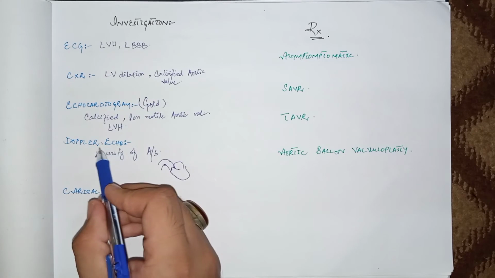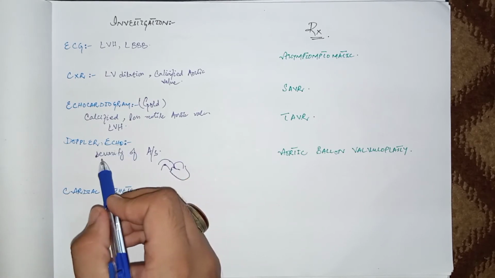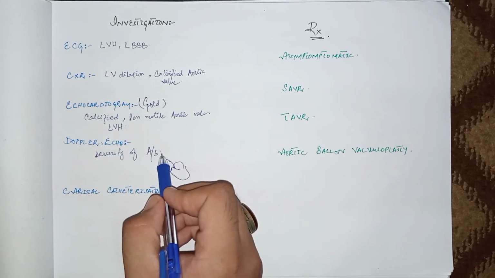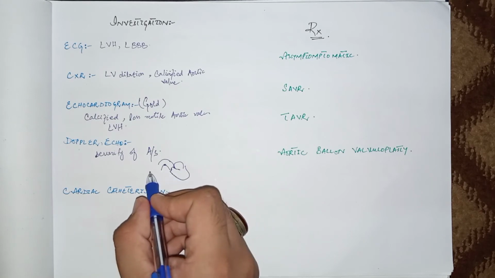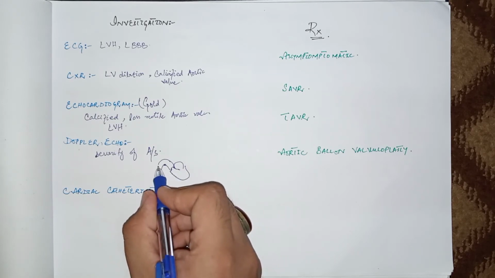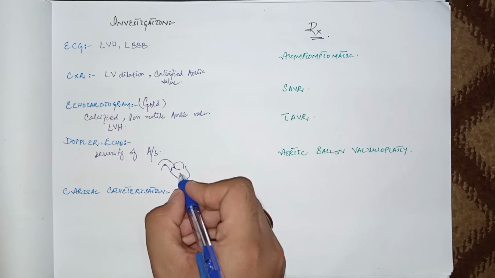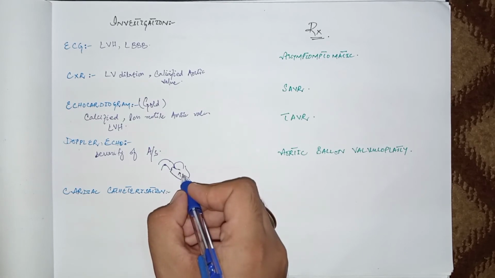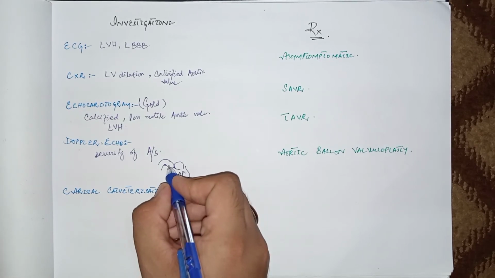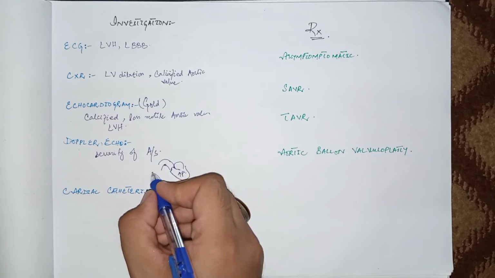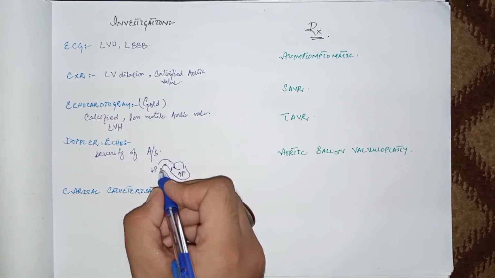Sometimes a Doppler echocardiogram is important to check the severity of aortic stenosis. Basically, it is used to check the pressure difference between the aorta and the left ventricle. In the left ventricle, due to the obstruction in the pathway, there is high pressure, and due to decreased stroke volume or decreased ejection, there is low pressure in the aorta.